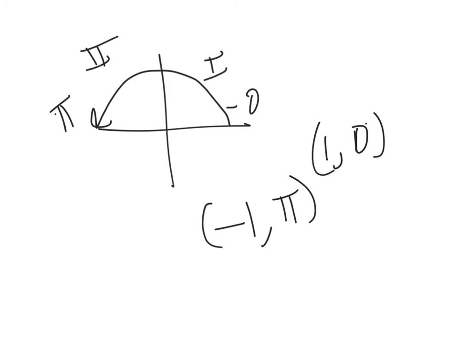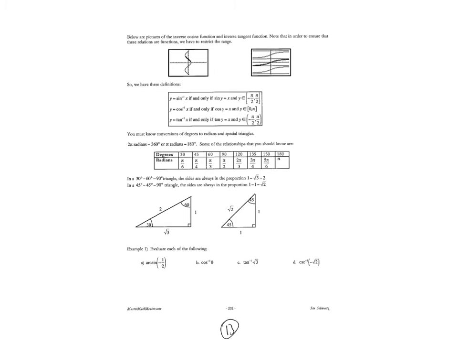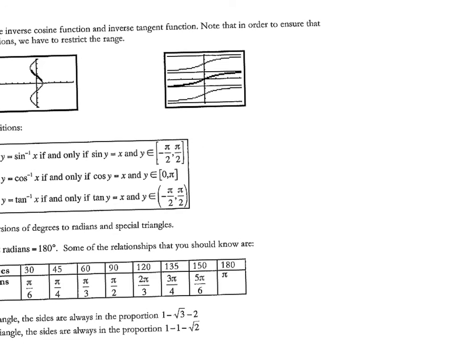If you look at the graph right here, let me zoom in a little bit. This is the graph of all these curves. Those are all x equals tan y.